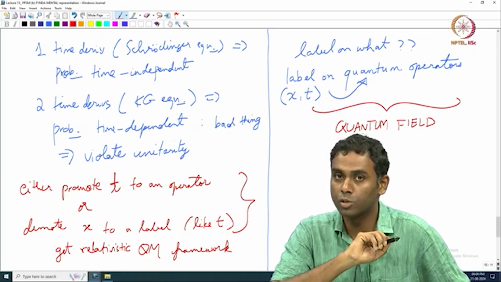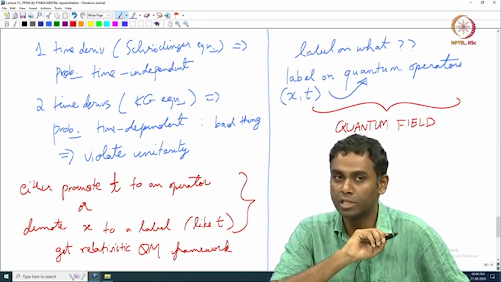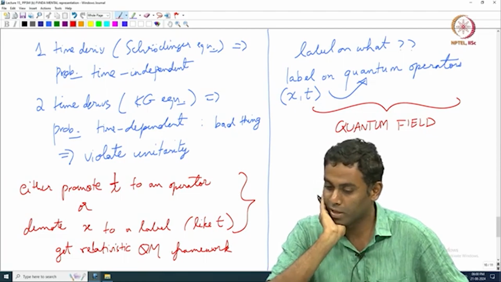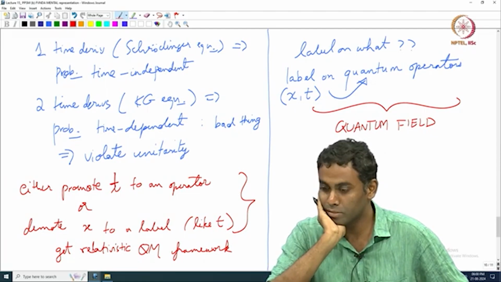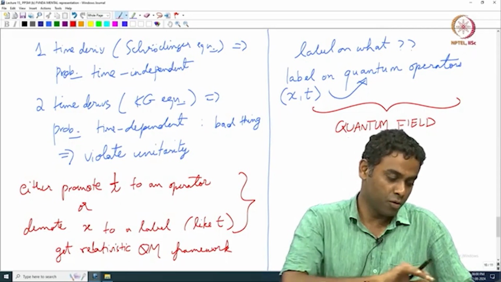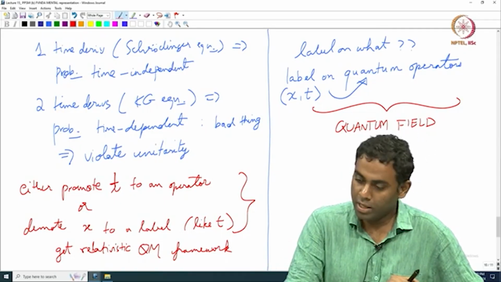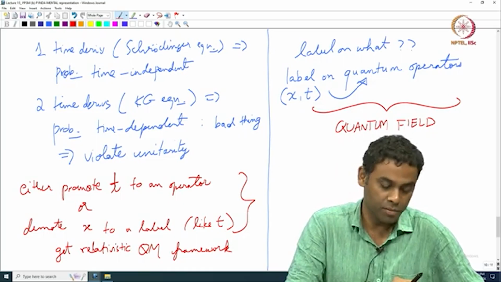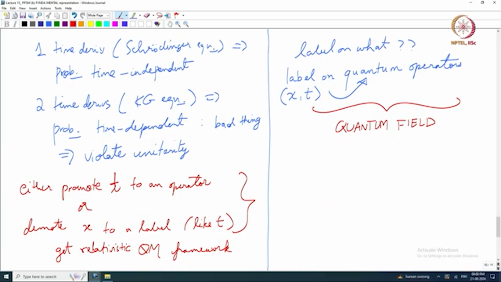In this case it turns out to be Fock space, which is very much like Hilbert space, but with some bells and whistles. So that is what we are going to do. This is how we put space and time on equal footing and turn it into something manifestly relativistic, but also use all other notions of quantum mechanics.